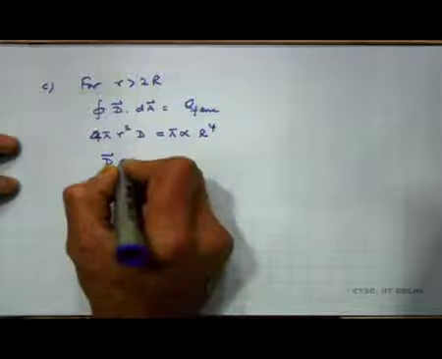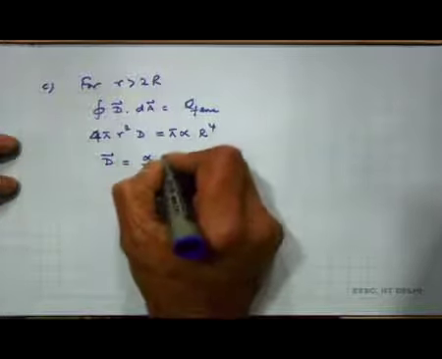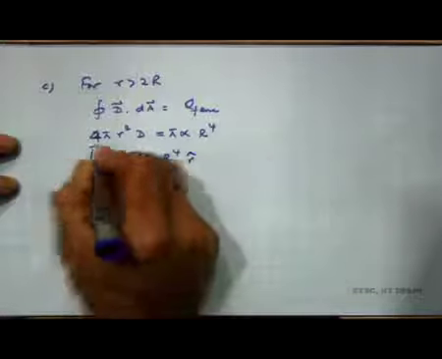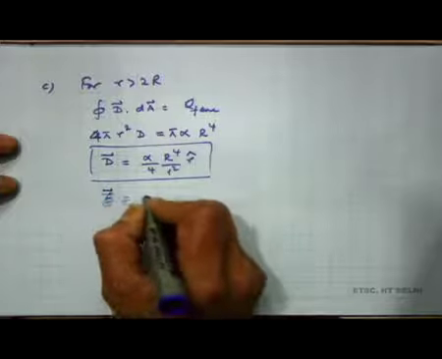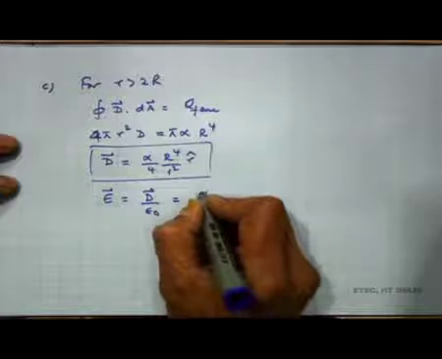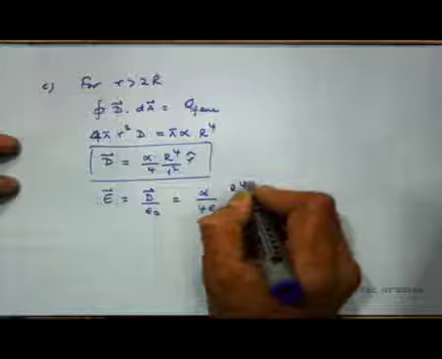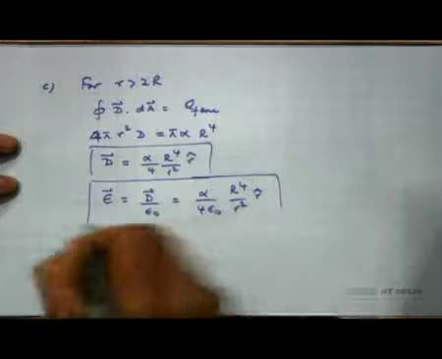So, the D vector comes out to be equal to alpha by 4 r, 4 by r square into r cap, that is the D vector. And the E vector, because it is free space, is D vector by epsilon 0, which is equal to alpha by 4 epsilon 0 r, 4 by r square r cap, that is the electric field.